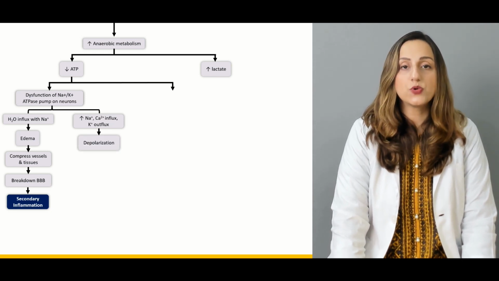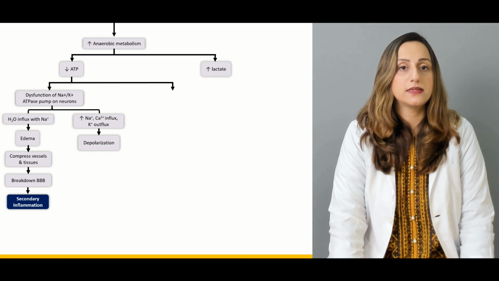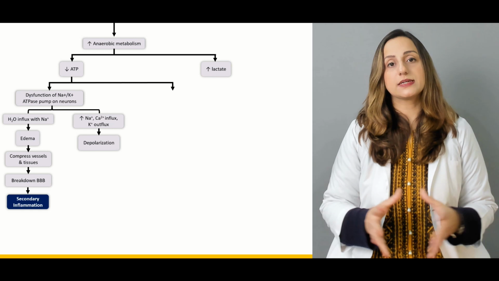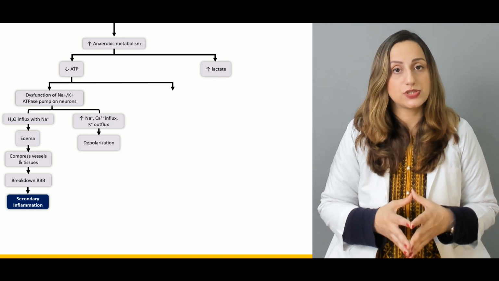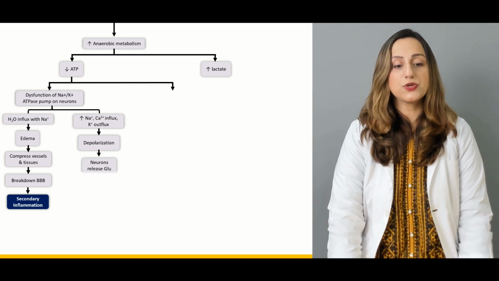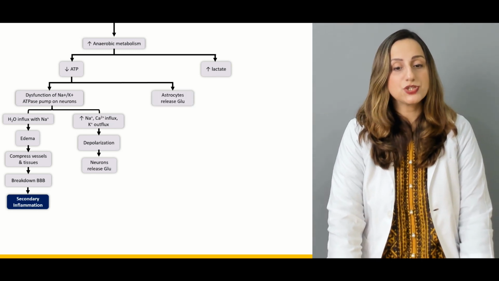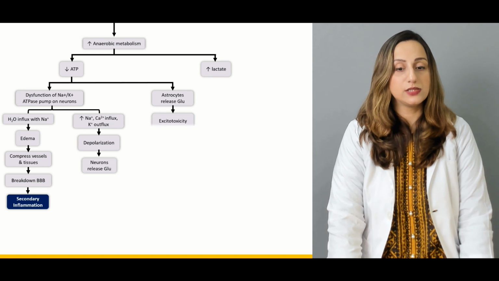An increase in the sodium and the calcium influx and a potassium outflux that was maintained over here will be marked by the activity of depolarization in these cells. Now, what is going to happen is the neurons are going to release the glutamate, and the astrocytes are also going to release the glutamate.